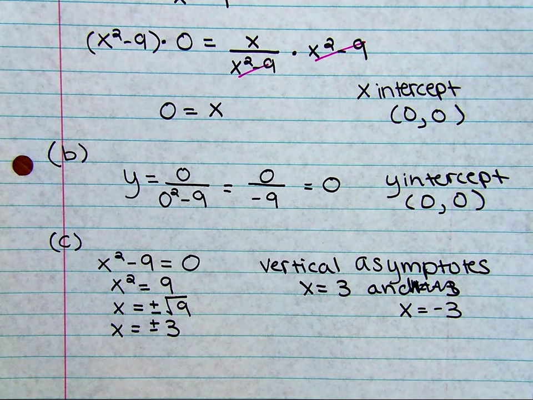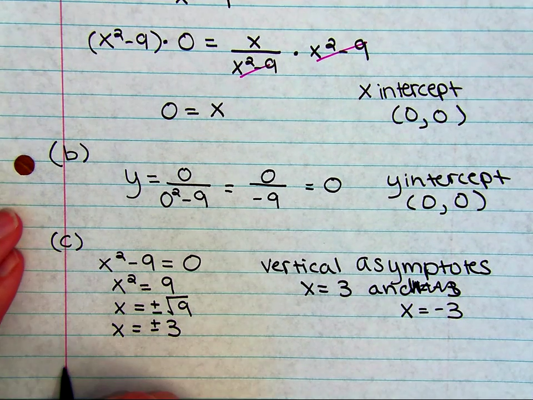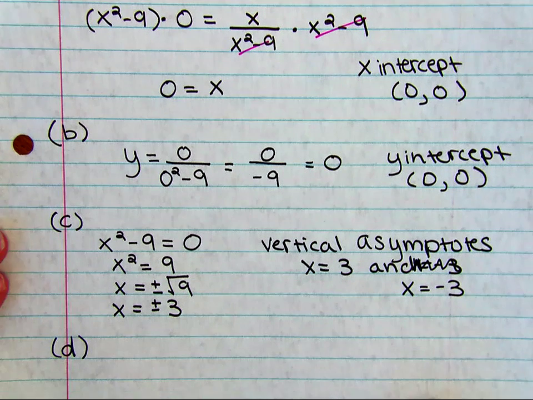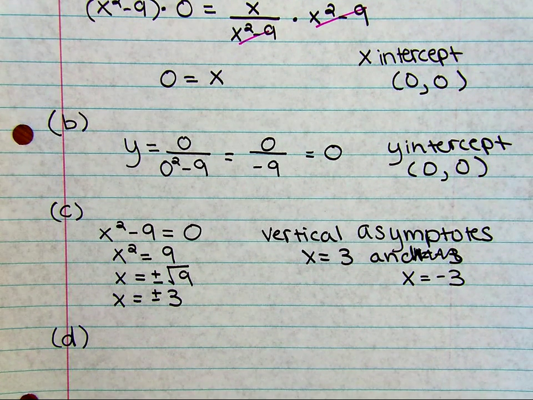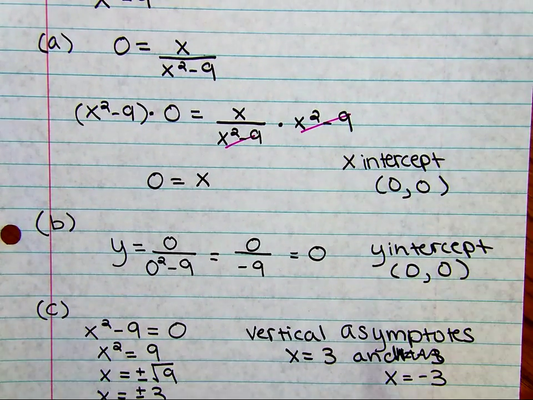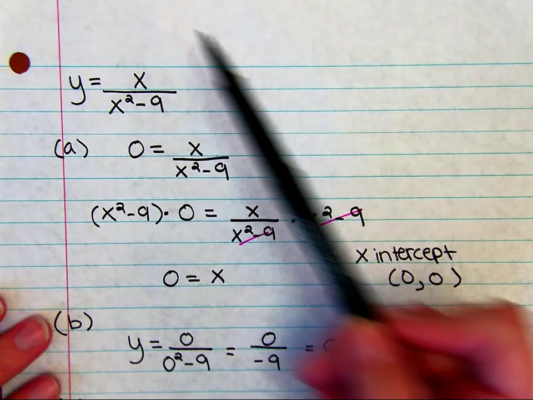Letter D on that paper says to find the horizontal asymptotes. To find the horizontal asymptotes, I have to use my 3 rules. The degree of my numerator, if you go back up here, is 1.